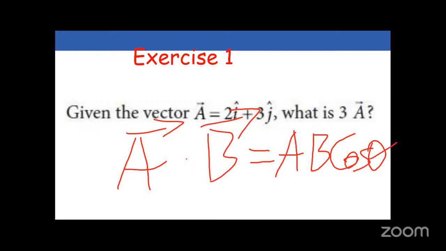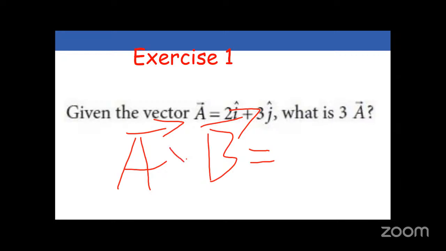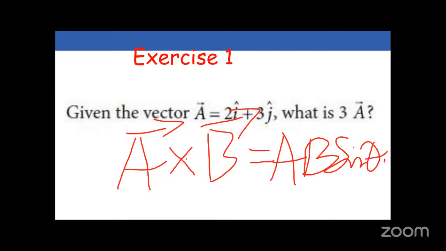So this is a formula. And we can also multiply a vector by a vector using the cross product method. When we use the cross product method, it becomes AB sine theta times the unit vector. Now, when we use this method to multiply two vectors, the outcome will be a vector.